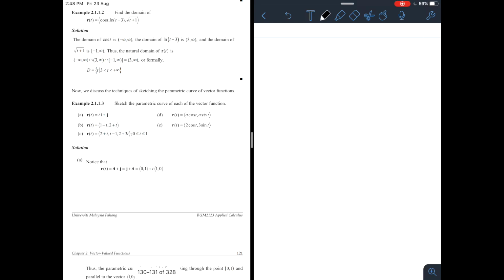Now let's try to solve example E. You can use the same method as when we solved example D. The vector function is 2 cosine t, 3 sine t. If you don't have any idea what kind of parametric curve you will end up with, let's try to solve it one by one. x is equal to 2 cosine t and y is equal to 3 sine t.